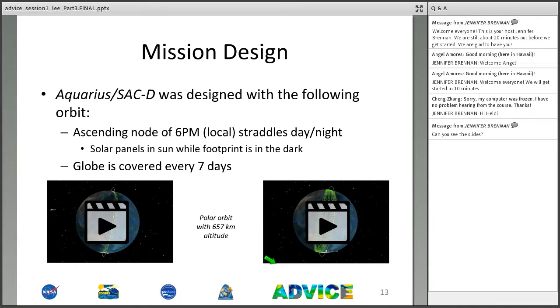Now, the Aquarius is on a sun-synchronous orbit with a 6 p.m. local equatorial crossing time for the ascending node and 6 a.m. for the descending node. The solar panel points to the sun to get the power, whereas the radiometer points away from the sun to avoid the sun glare. Otherwise, the measurements would have been contaminated.